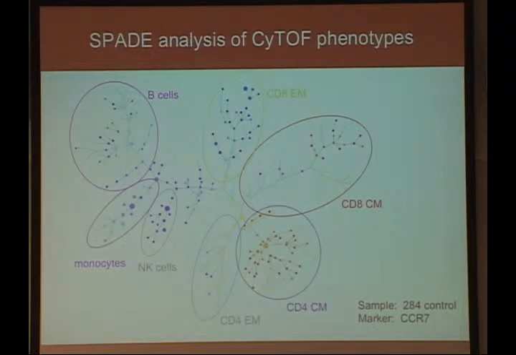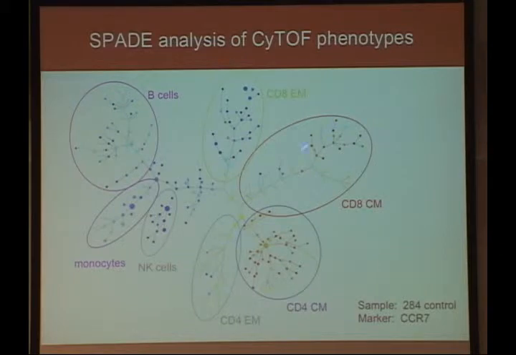And so here is expression of CCR7, which is really restricted to one branch of the CD4 T cells. So I'm calling it the central memory branch. It's much less expressed on this other branch, which I call effector memory.